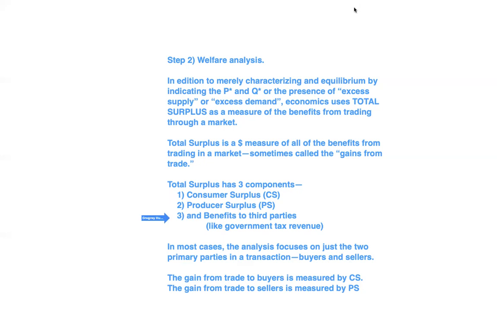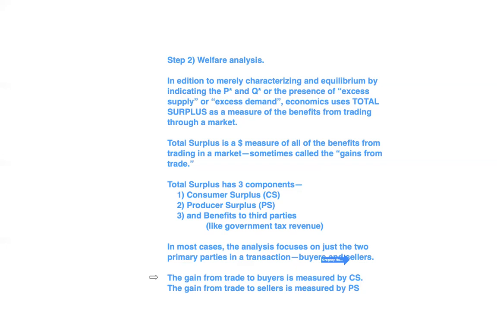I'm not going to talk about the benefits to third parties too much, but just to give you a quick example, sometimes things in the market are taxed by the government, and that generates tax revenue, and the tax revenue goes to pay for roadways and schools and other things that are a benefit to society more generally. So there are substantial third-party benefits too. But in most cases, we just focus our analysis on the two primary parties, the main parties in a transaction in the market, which is just the buyers and the sellers.